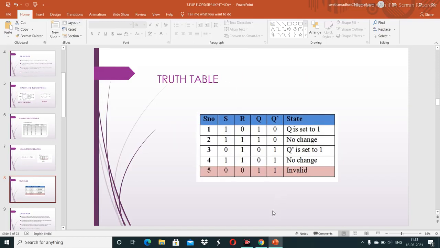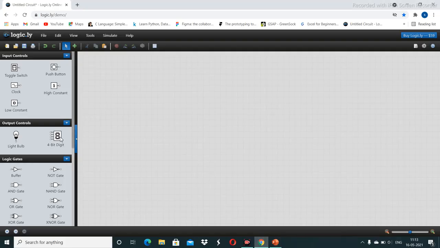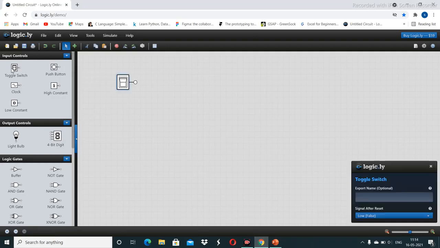Without delay, let's enter into a demo for an SR flip-flop. For this, we need two toggle switches and we need a clock pulse here.